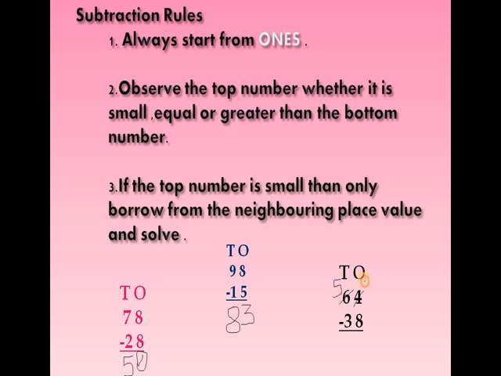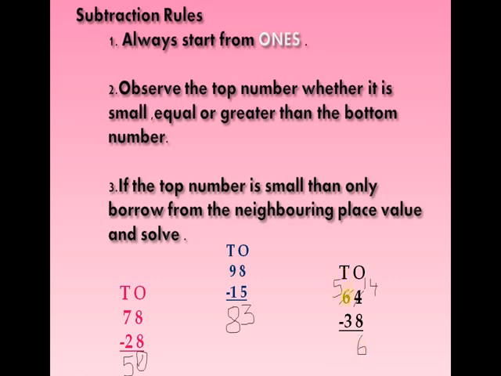That means it's given 10, and this 4, that is 14. 10 plus 4, 14. Get here 14. So now this number has become bigger or greater than the bottom number. So we can subtract this. 14 minus 8 is 6. So we will write 6.